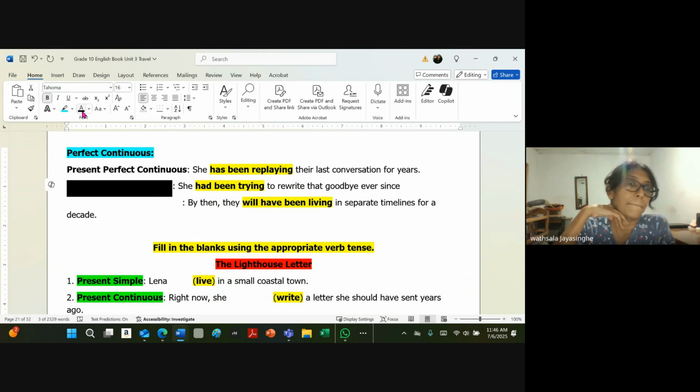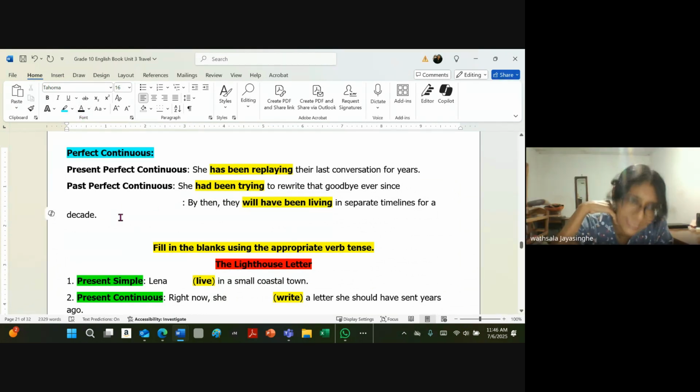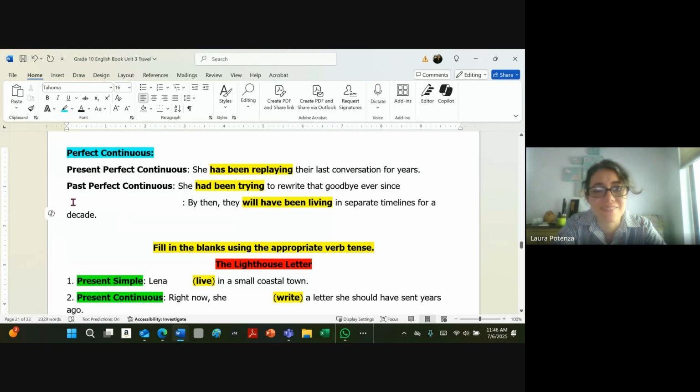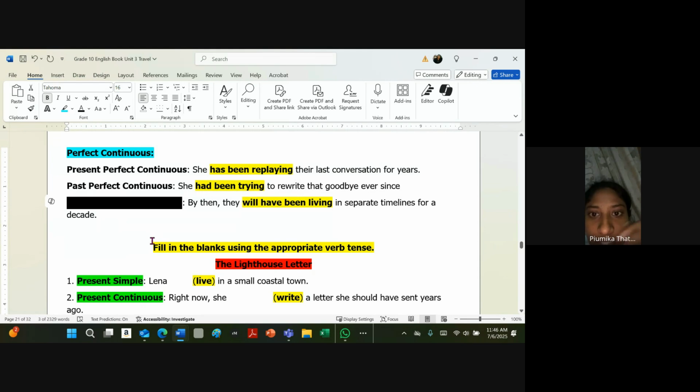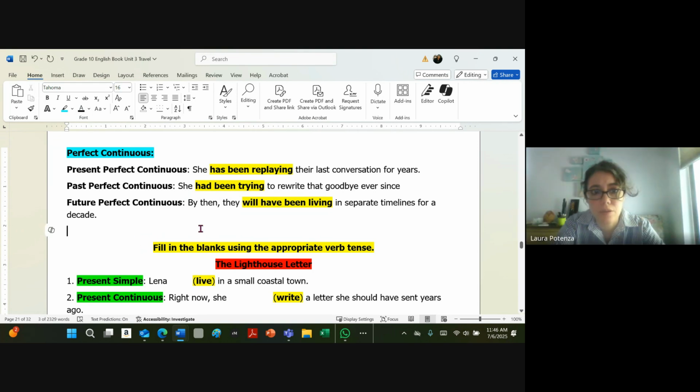Past perfect continuous. By then they will have been living in separate timelines for a decade. Future perfect continuous. Good. Okay, good.